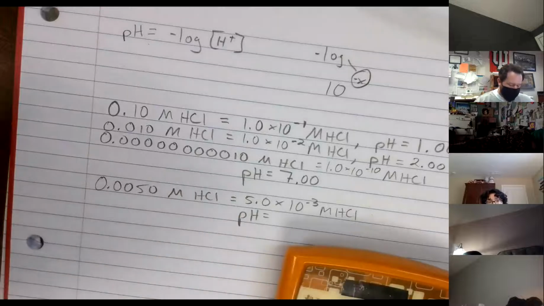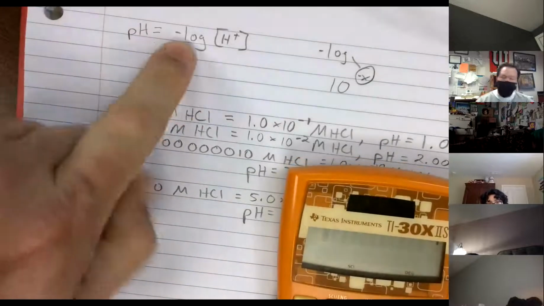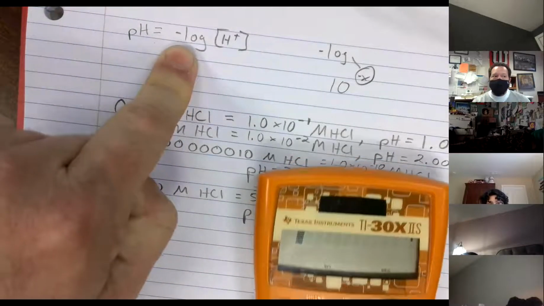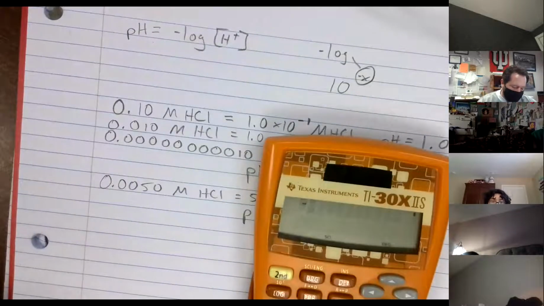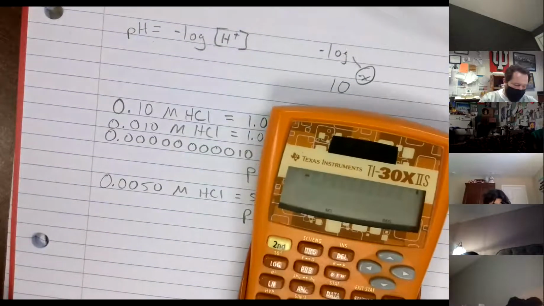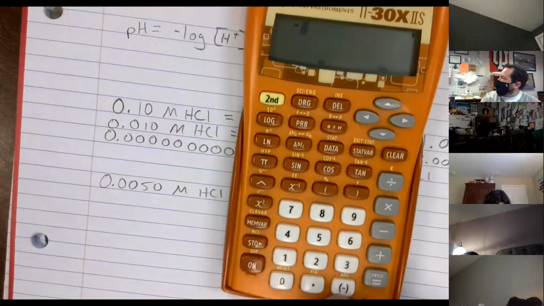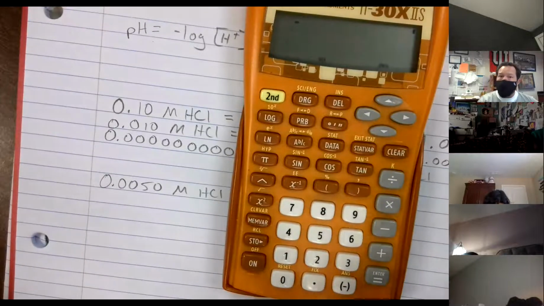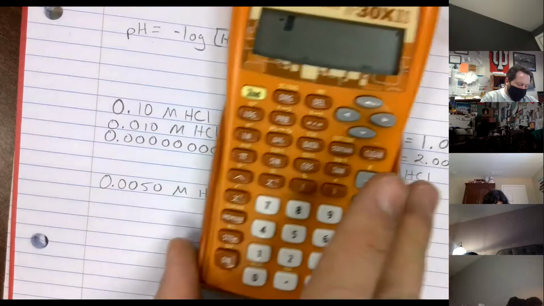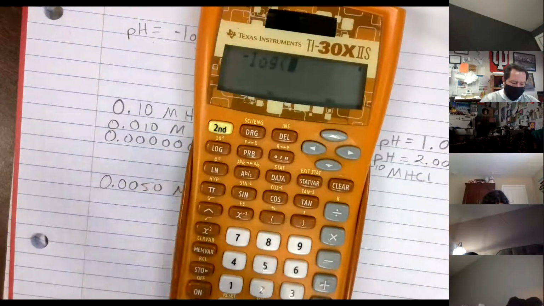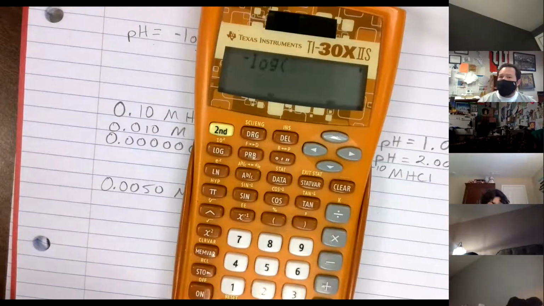For this one, we need to use that formula we discussed. Here's how we do it. Negative. Make sure you're watching out: negative is down here, in the parentheses. No matter where it's at in your calculator, it's probably in parentheses. Then here's my log button under second. I hit that and it says log.